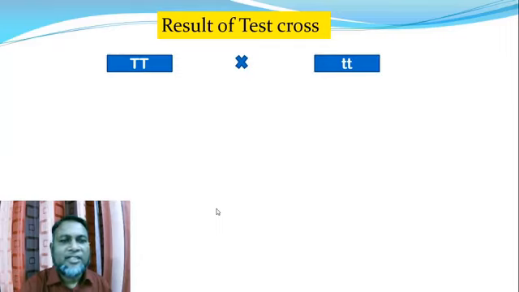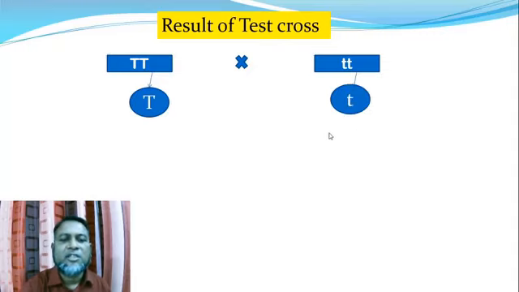Result of test cross: capital T and small t, we cross two plants. From capital T we get one kind of gamete, capital T. From small t we get only small t gamete.